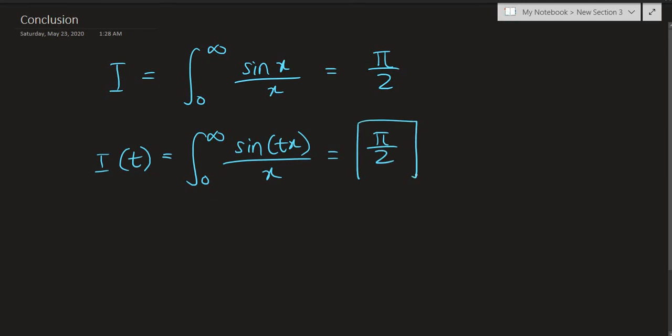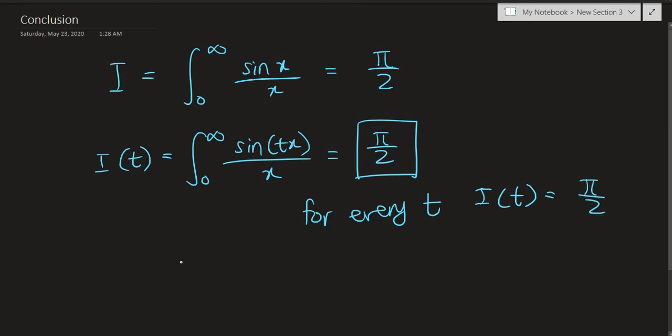In our last video, we had taken a similar approach of Laplace transforms, and we ended up with an expression of t when we took the inverse Laplace transform. And then we plug t equals 1 in that case too, like we should have in this case. But now notice in this case there is no t, so this means for every t, I of t is always going to be pi over 2.